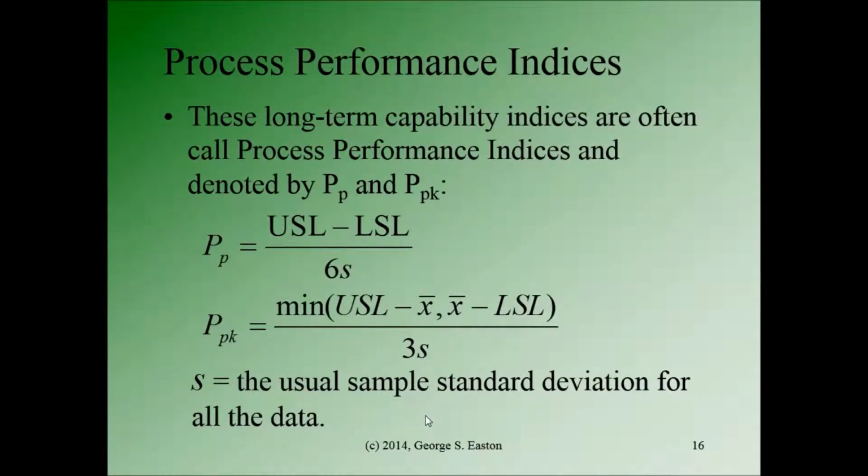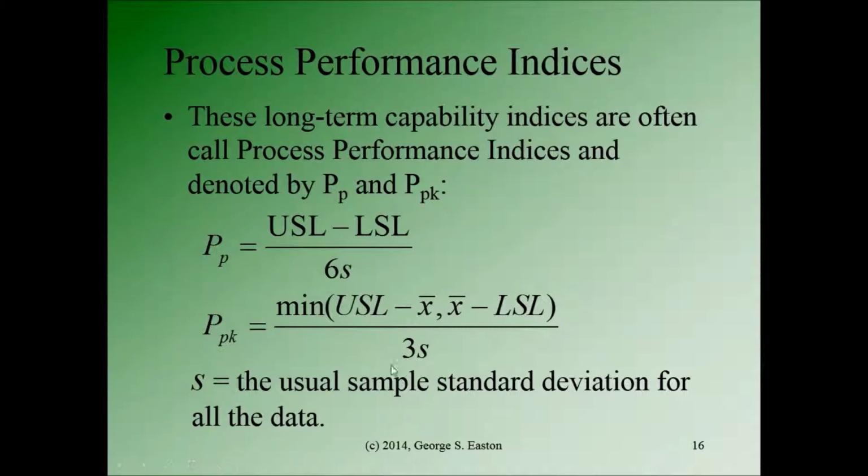So this leads people to define long-term process capability indices, which are also called process performance indices. There are two of them, denoted by Pp and Ppk, which are the direct analogs of Cp and Cpk.